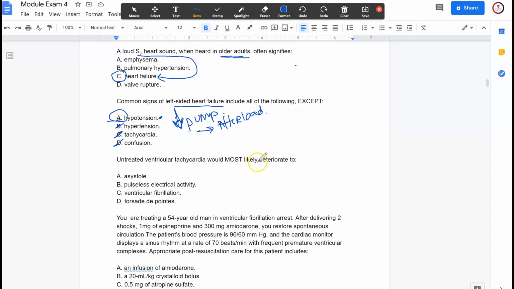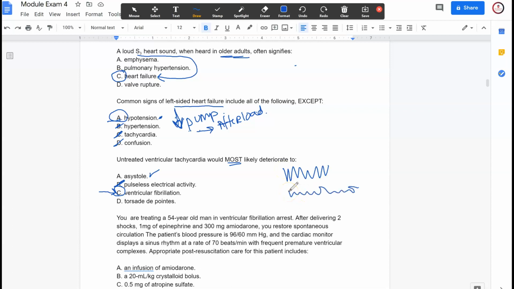Untreated ventricular tachycardia would most likely deteriorate to asystole? I mean, yeah, eventually, it's not wrong. Pulseless electrical activity, no. Usually, if it's tachycardic, it will go right to ventricular fibrillation, because we talked about that degeneration where it goes from tachycardic and starts losing some of its form.